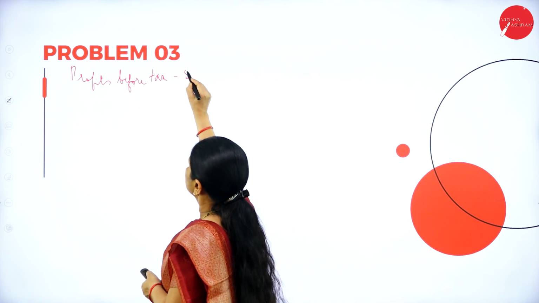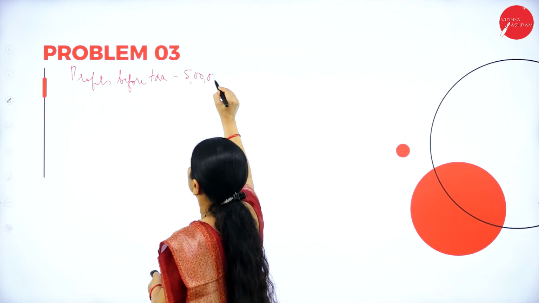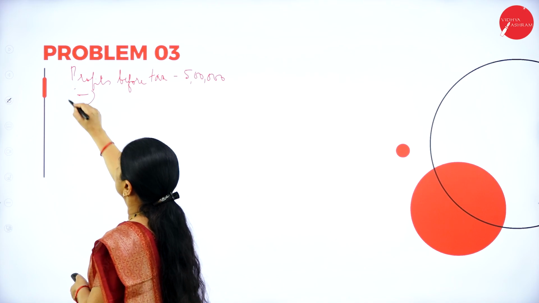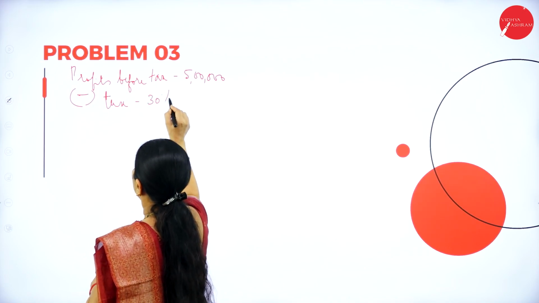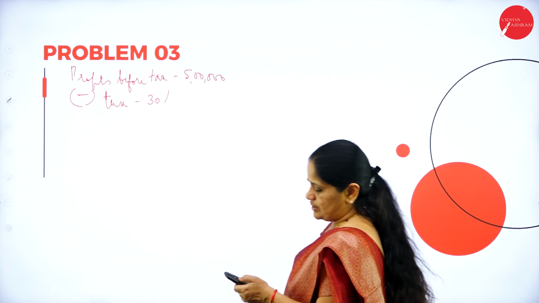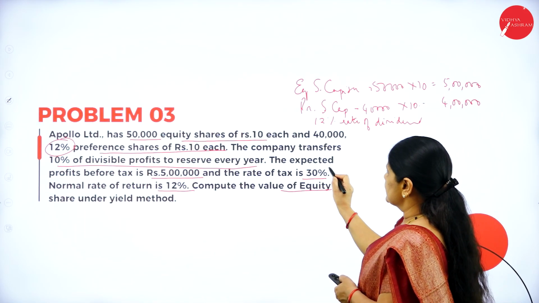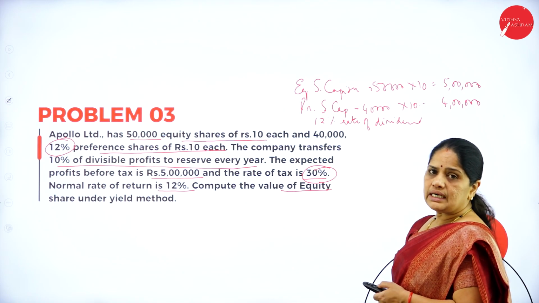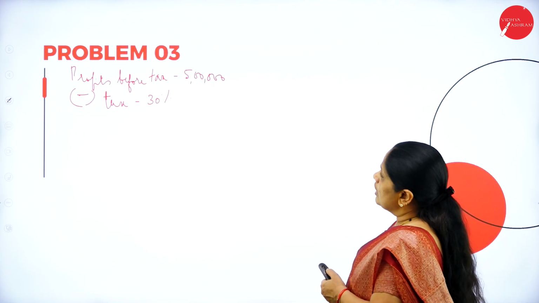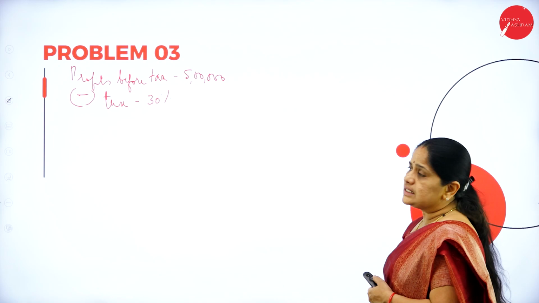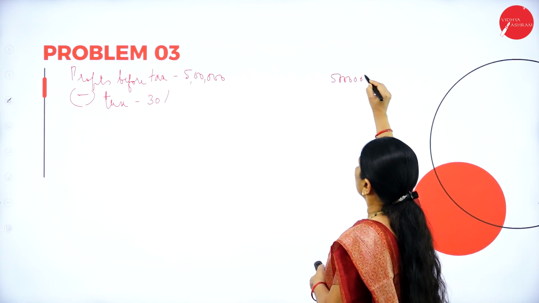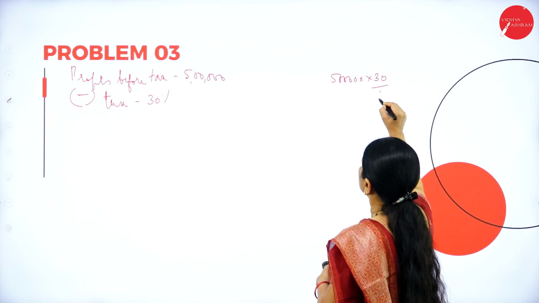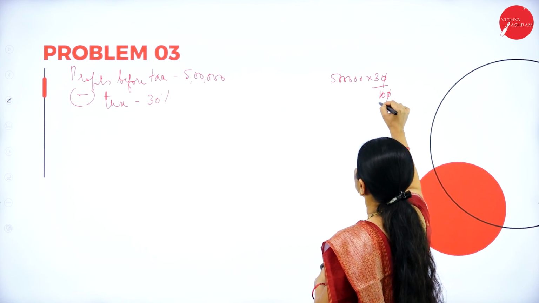So, I take it as 5 lakhs less tax. Now, tax rate is given at 30%. So, on 5 lakhs, I take 30%. So, it will be 5 lakhs into 30 by 100.